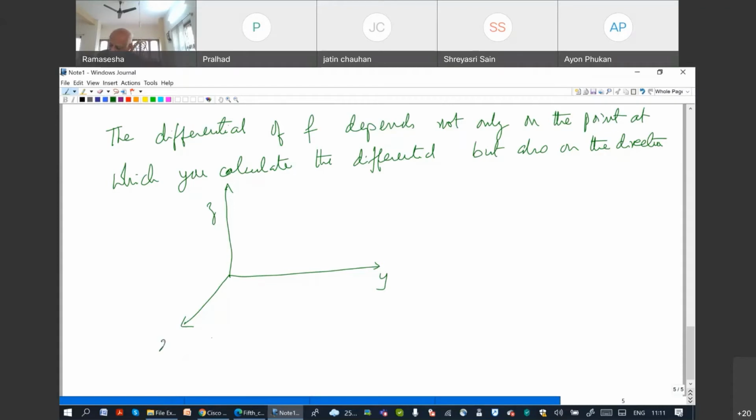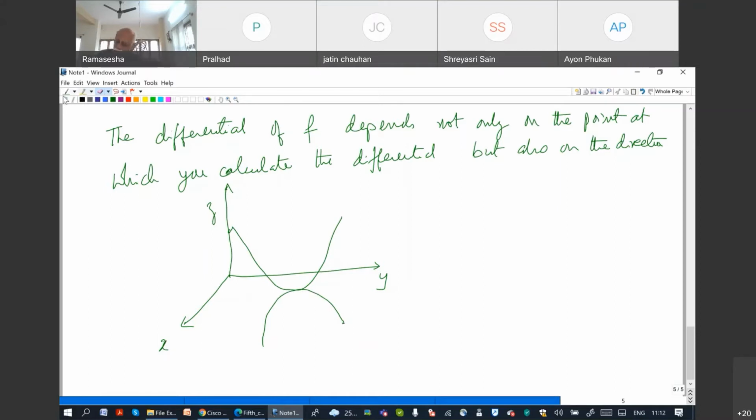I have something that is going like this, and something else that is going up. In the xz plane, you'll see a maximum, and in the yz plane, you see a minimum.